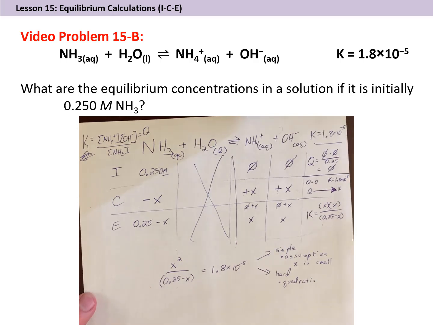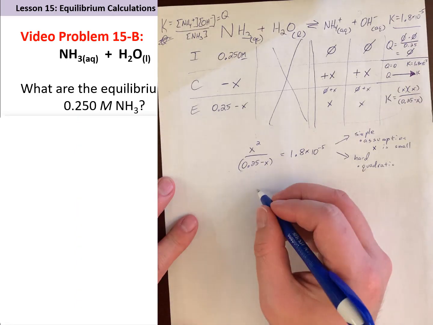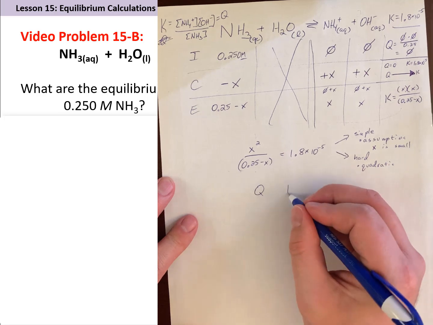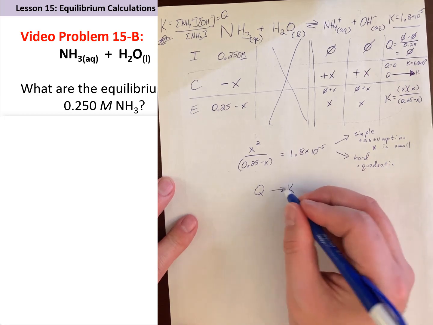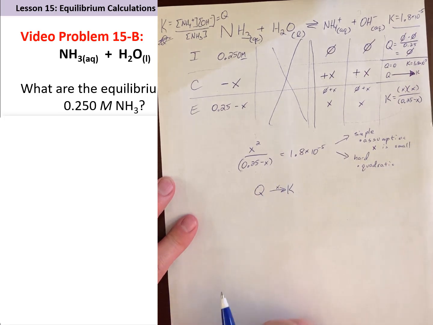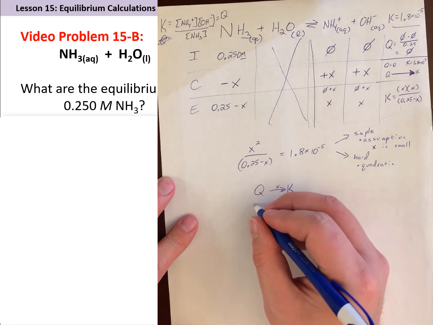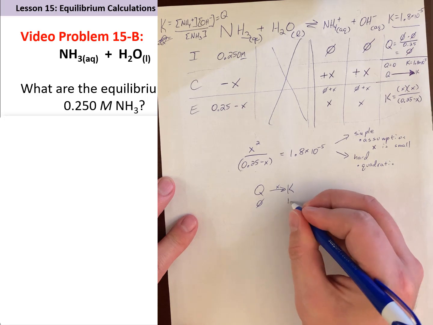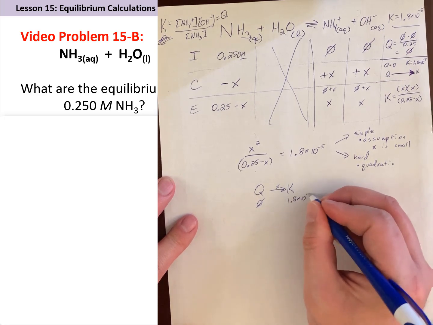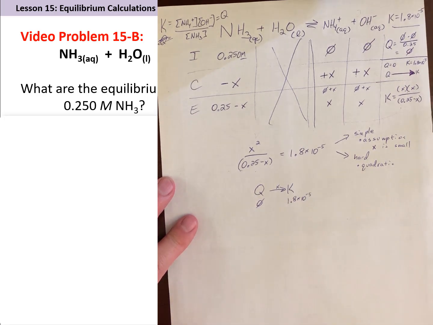How do I know that X is small? Remember, X is the difference between Q and K, okay? That's the change. Well, my Q is 0, and my K is 1.8 times 10 to the minus 5. So those are both small, okay?